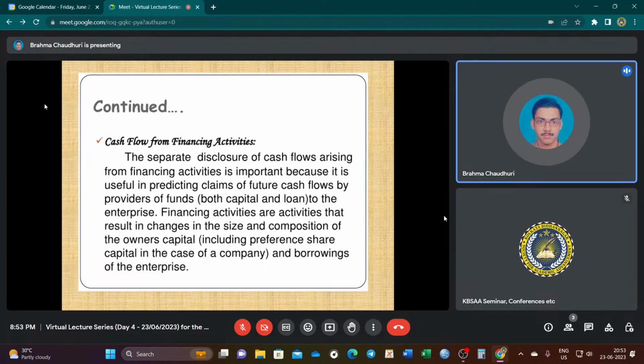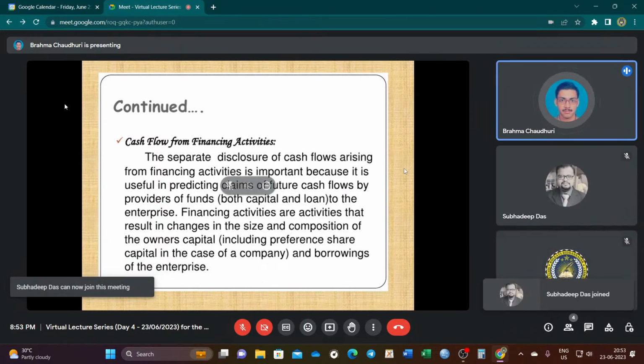The liability side of the balance sheet deals with the various long term sources of finance, like equity shares, debentures, preference shares, long term loans, any other type of loans from various financial institutions, or say any government grant. All those are the various types of sources of finance for a particular business enterprise.